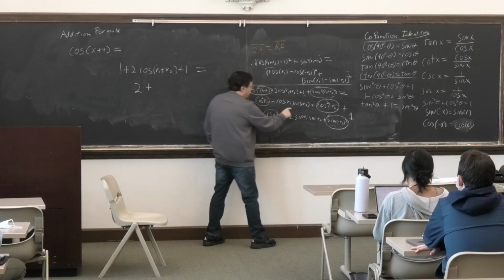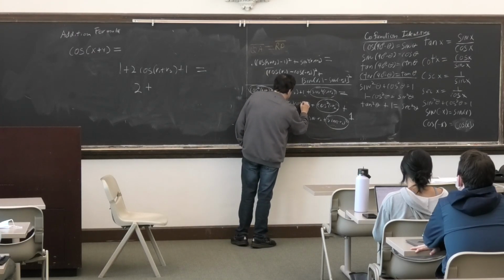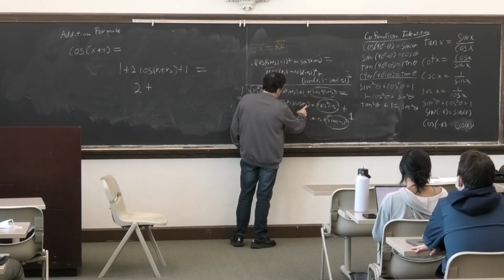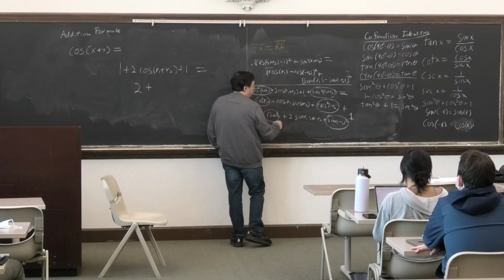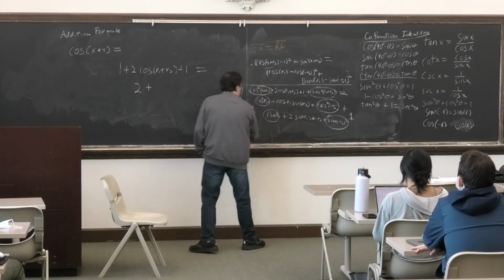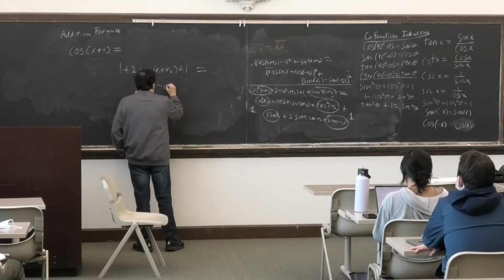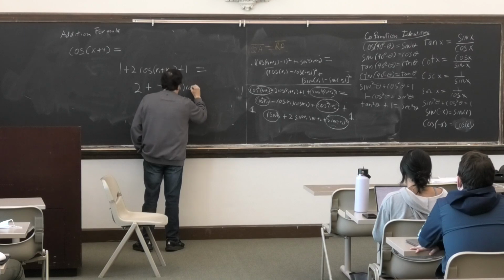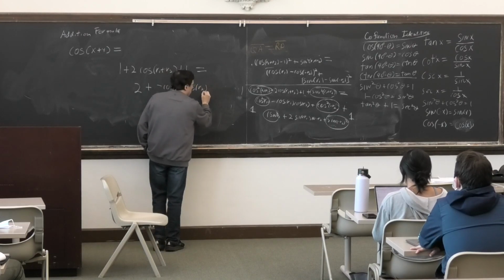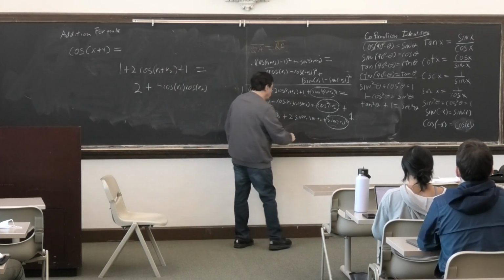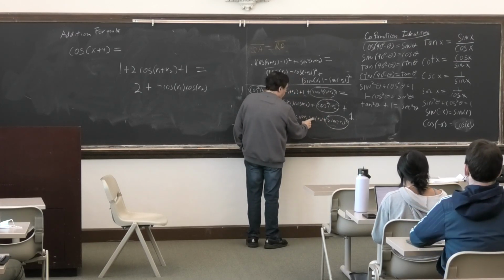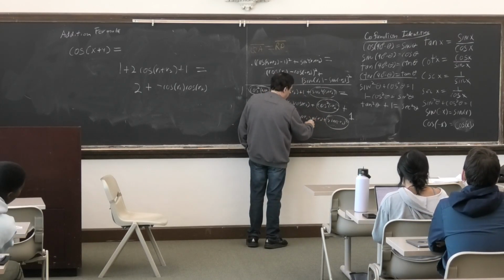Now, what do I have here? Cosine R1 and cosine negative R2, but I can ignore that minus because cosine is even. So minus cosine R1 cosine R2. Here, I can't ignore the minus. Sine of minus R2 is minus sine of R2.